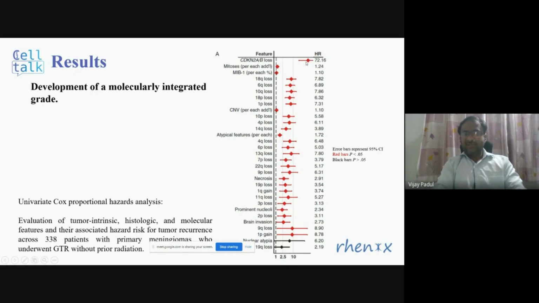So this red means it has a significance less than 0.05, and these black bars represent the confidence interval, and that means it has a significance greater than 0.05. So we are only concentrating on those which are red. So here, as you can see, the hazard ratio is larger for some of the molecular alterations, and they identified it by using the univariate Cox proportional hazard analysis.